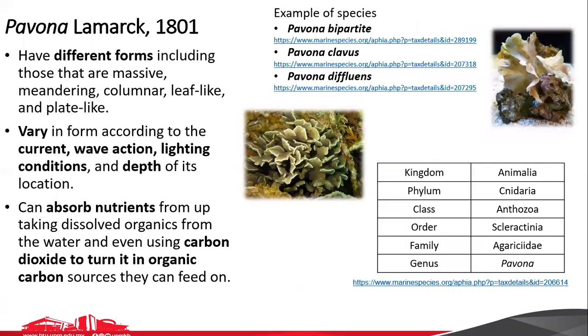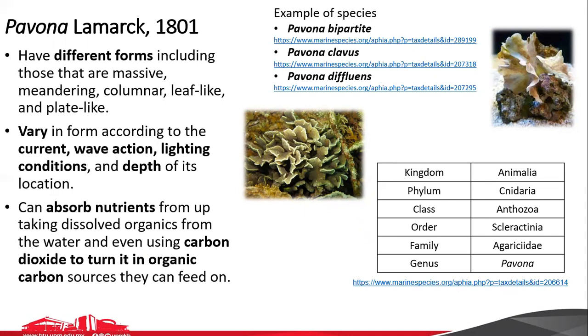The last genus is Favia. Favia has different forms, including those that are massive, meandering, columnar, leaf-like, and plate-like. Its form varies according to the current, wave action, lighting condition, and depth of its location.